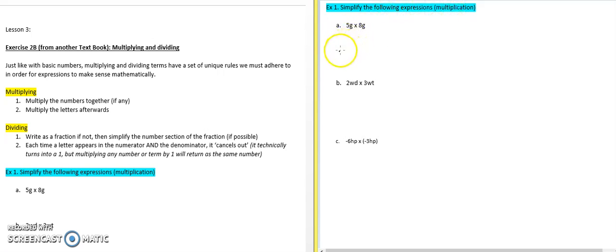This is saying 5g times 8g. Or in other words, this is 5 times g times 8 times g. Got to remember that there are invisible times in between the 8 and the g and the 5 and the g.